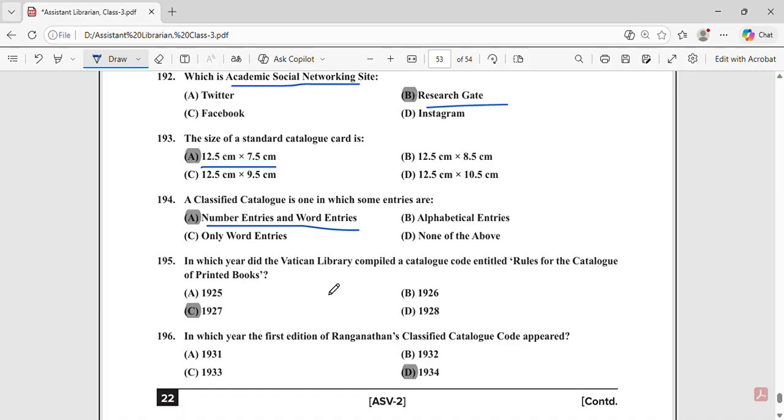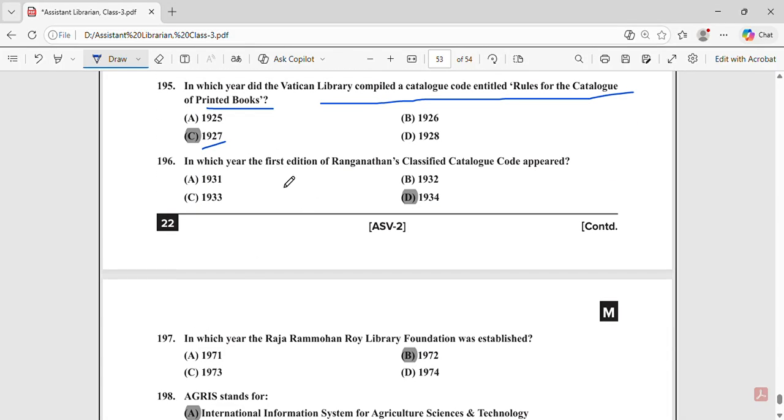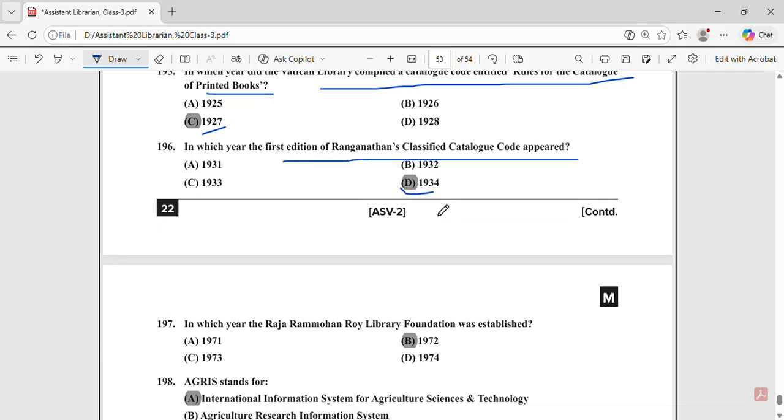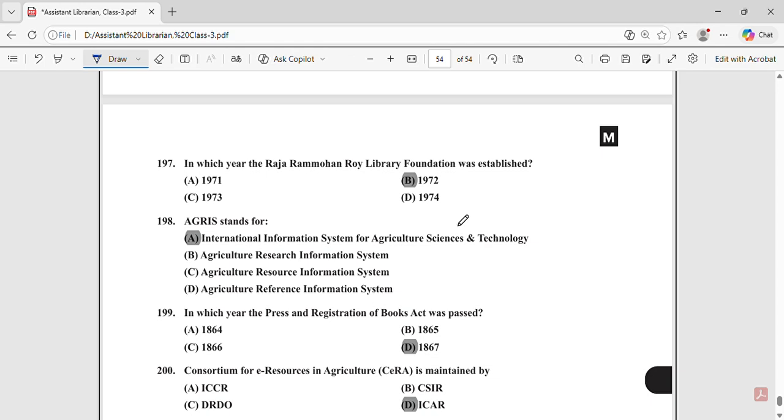A classified catalog is one in which some entries have number entry and word entries. In which year did the Vatican Library compile a catalog code entitled Rules for the Catalog of Printed Books? 1927. In which year did the first edition of Ranganathan's classified catalog code appear? 1934.